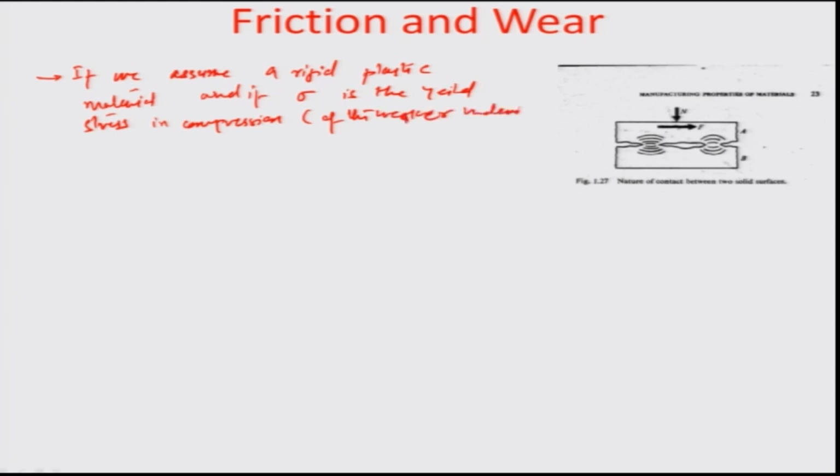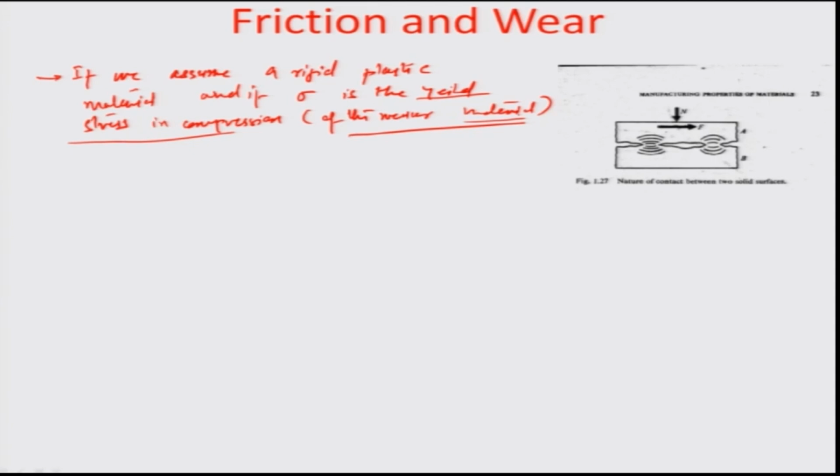But supposing there is a generic model of two different materials sliding over each other, then obviously the weaker material is the one we talk about in terms of the yield stress in compression which would be achieved. So of the weaker material, obviously the stronger material will affect it more by deforming the weaker material.